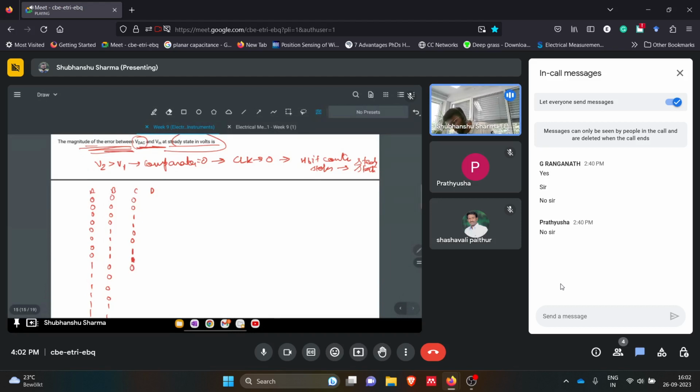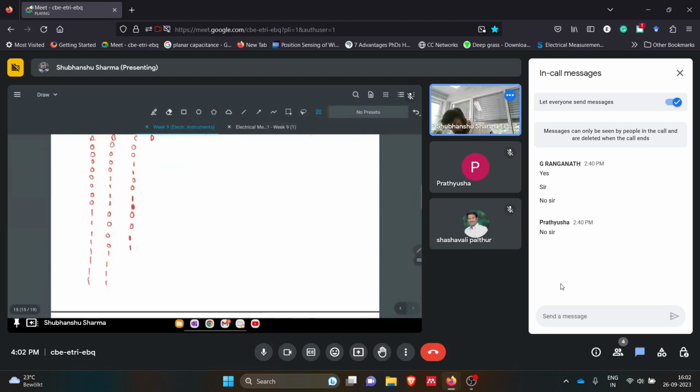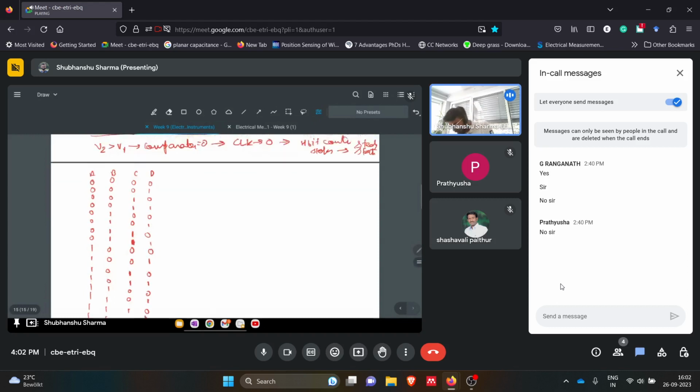You will come to know why I'm writing this. 0011 and 0101... So this is the 4-bit up counter truth table, which we can see here.